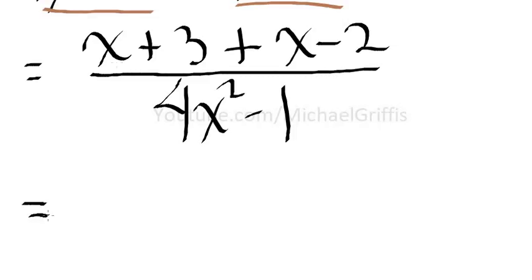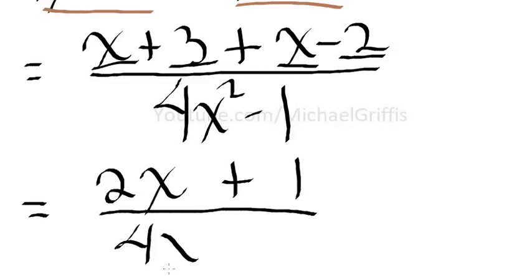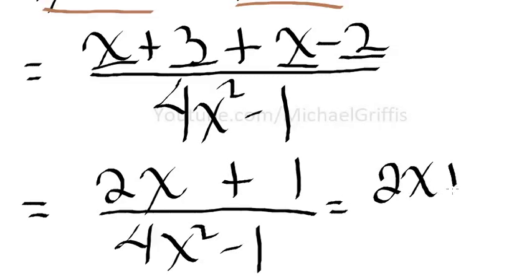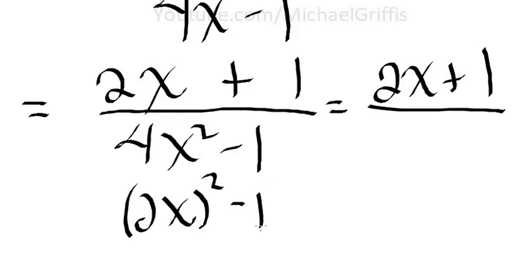All right, let's look up at the numerator and collect some like terms. We have an x and an x, so that's going to be 2x. We have a plus 3 and a minus 2, so that's going to be plus 1. It's all over 4x squared minus 1. Now, the question is, should we factor? If we can, we should. So I'm going to rewrite this as 2x plus 1 over... now, at the bottom, this is the difference of two squares.